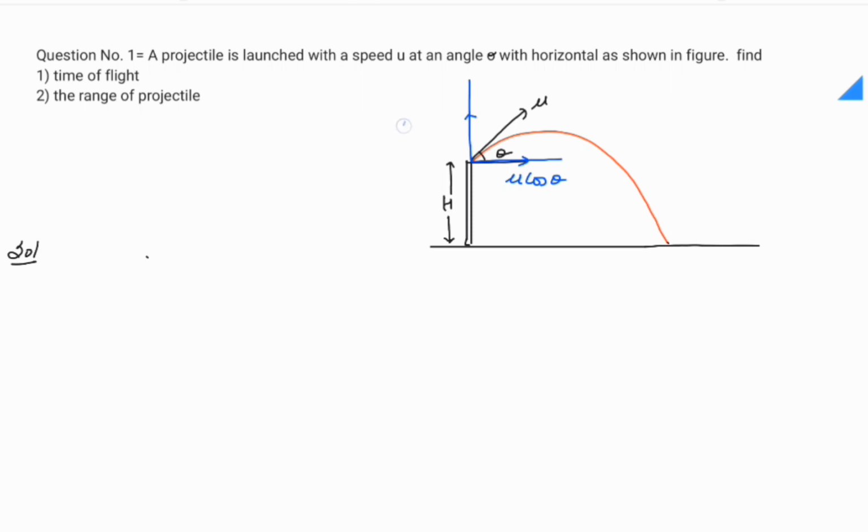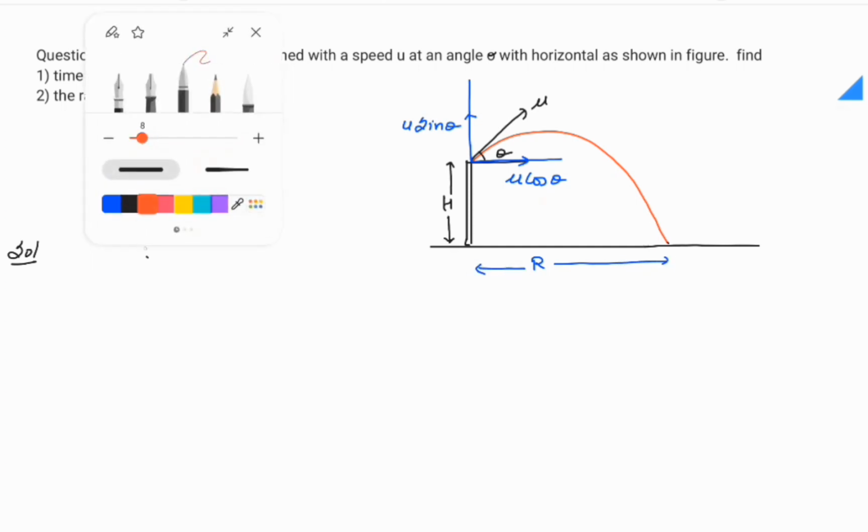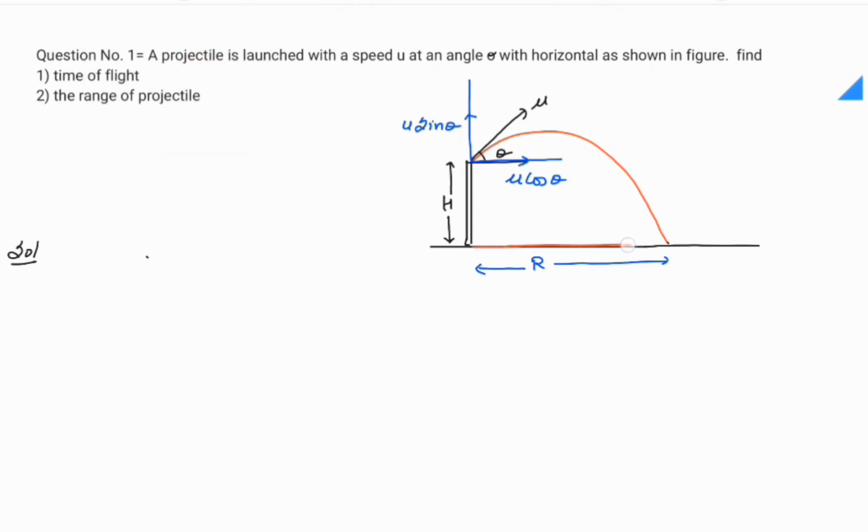It's going to be u sin theta. Okay, and what is the range? This is the range of our projectile. As I told, always draw the x-axis like this. This is my x-axis, and this is the y-axis.